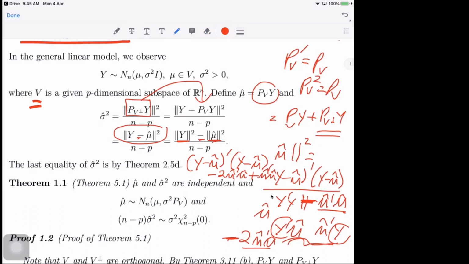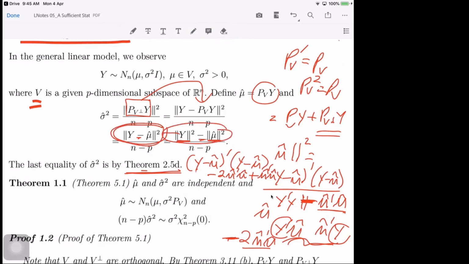The last equality of sigma hat is by theorem. Actually we have derived that by theorem 2.5d, so just look at the proof of theorem 2.5d, why this one is equal to this one.